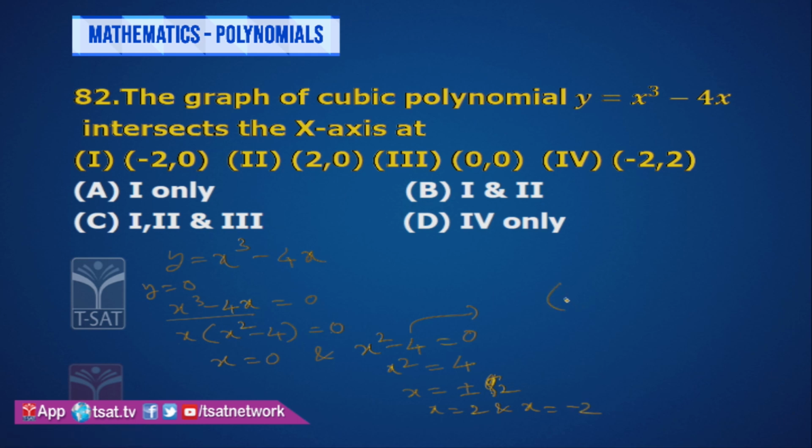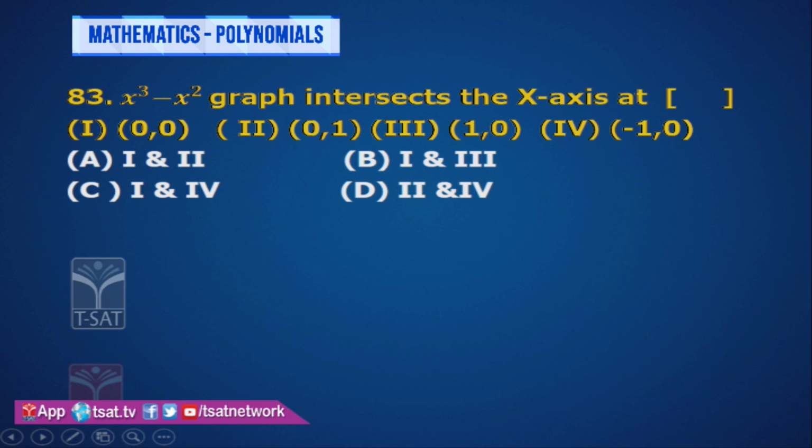What are the points you will get? 0 comma 0, and x is 2, y is 0, and x is minus 2 and y is 0. So where are those? First one minus 2 comma 0, second one 2 comma 0, third one 0 comma 0. So option C is the correct one. Okay, then next, x cubed minus x squared graph intersects the x-axis at, same like that.